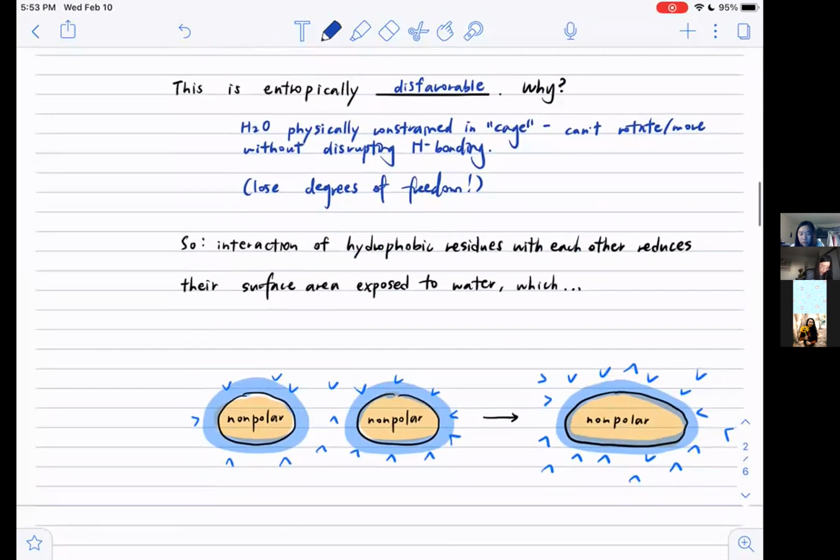And so when hydrophobic residues interact with each other, it reduces the total surface area of nonpolar stuff exposed to the aqueous environment. So interaction of hydrophobic residues with each other reduces their surface area exposed to water, which in turn decreases the disruption of the water hydrogen bonding network that we've been talking about.